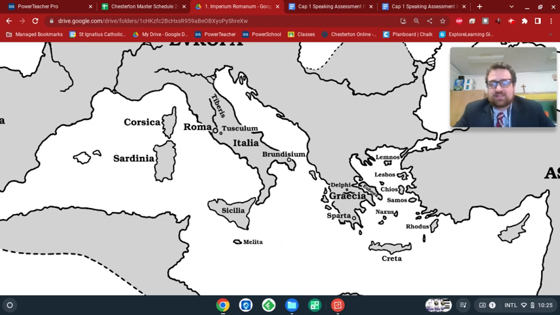Corsica insula est. Estne insula parva? Minime. Non insula parva, sed insula magna est. Corsica est insula magna. Sardinia et Sicilia quoque insulae magnae sunt. Et Melita insula parva est.